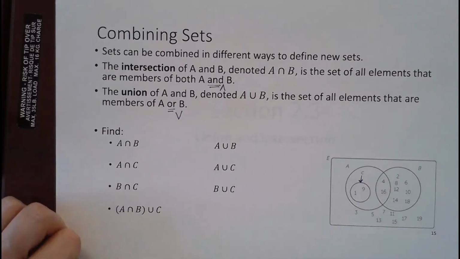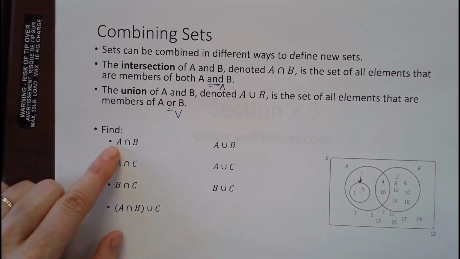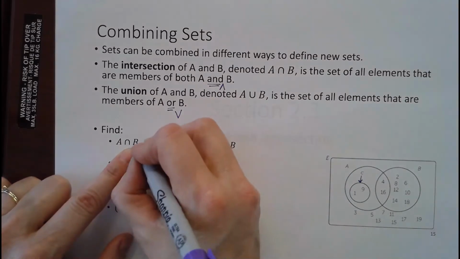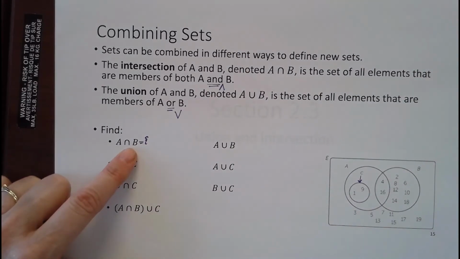Going back to this picture that we had before, remember that C is this guy right here. So if we want to do A intersect B, this is the set of all elements that are members of both A and B. So this is going to be a set, and I have to go look. Can you find any things that are both in A and in B? Yeah, 4 and 16.